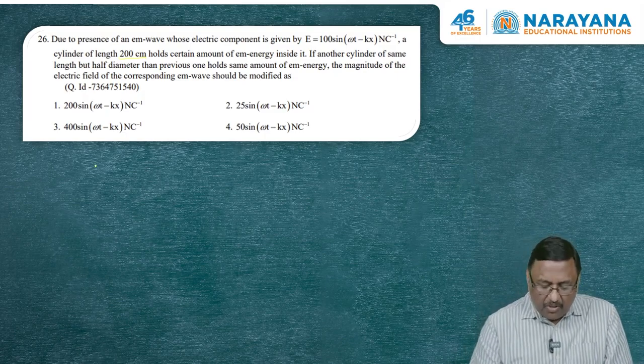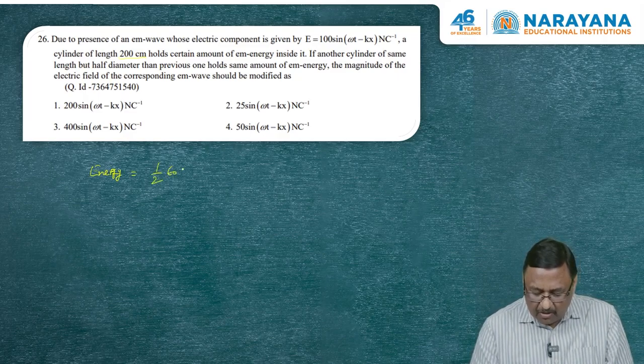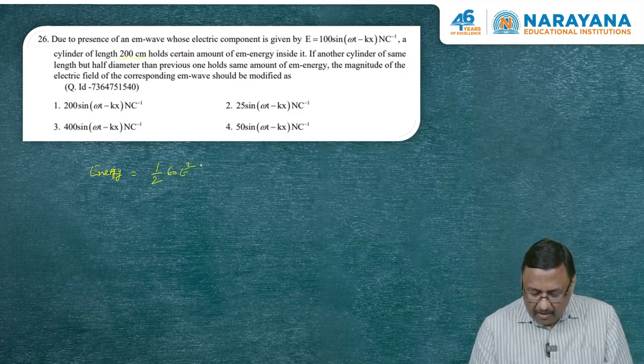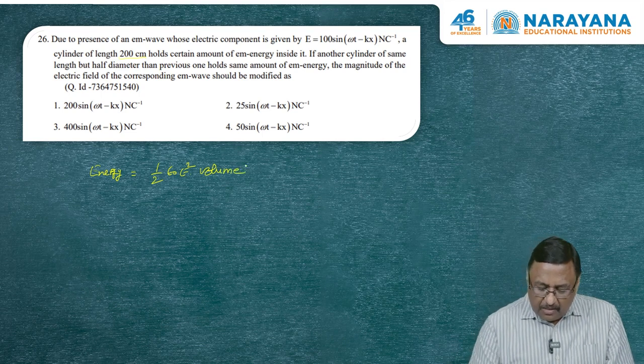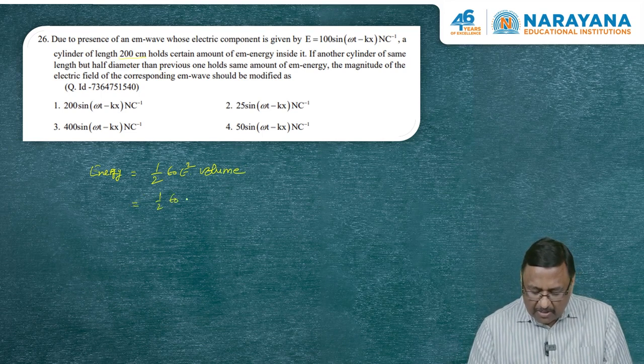As you know, the electromagnetic energy is equal to half of epsilon naught into E square into volume. In this case, the volume of the cylinder is pi r square into length. So we can say half of epsilon naught into E square into pi r square into length.